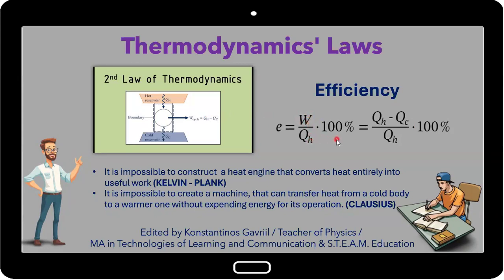W above Q hot times 100%. And if we need to substitute the W, we could use Q hot minus Q cold, according to the formula of the second law. We can substitute in the numerator this quantity, and we have Q hot minus Q cold above Q hot.